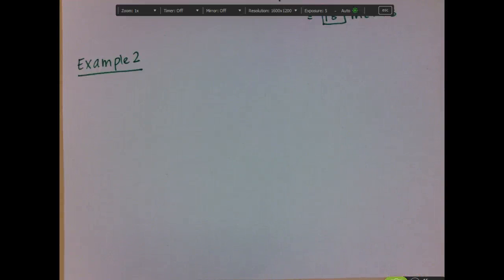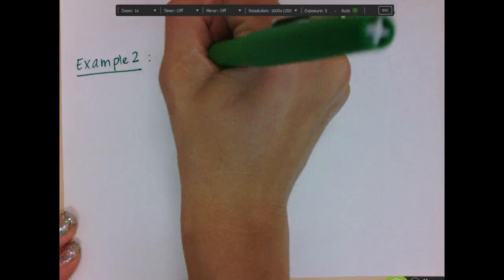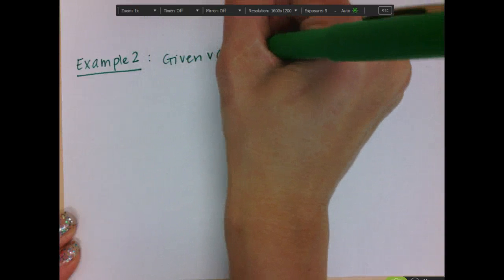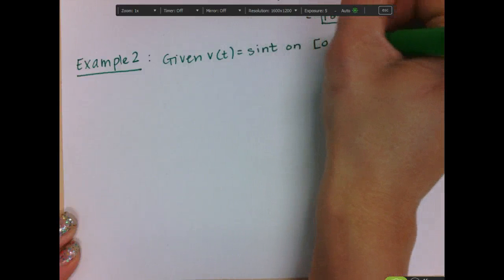So we also need to figure out how to start with a velocity function and use that in order to determine the specific position function. So let's say that we're given v of t equals the sine of t on the interval from 0 to 2 pi.